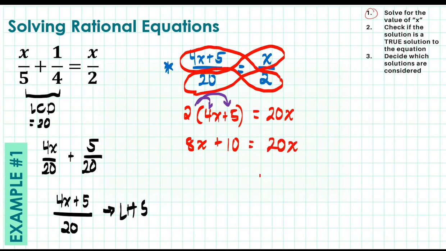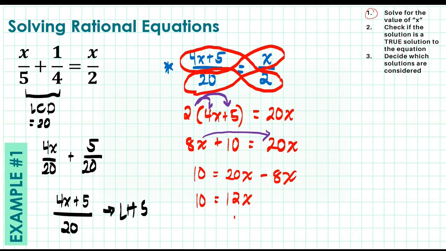Now, since our plan is to isolate x, we need to combine all x's onto one side of the equation. That leaves us 10 only on the left-hand side, equated to 20x. From positive 8x, it becomes negative 8x. And so, simplifying further, we get 10 equals 12x.